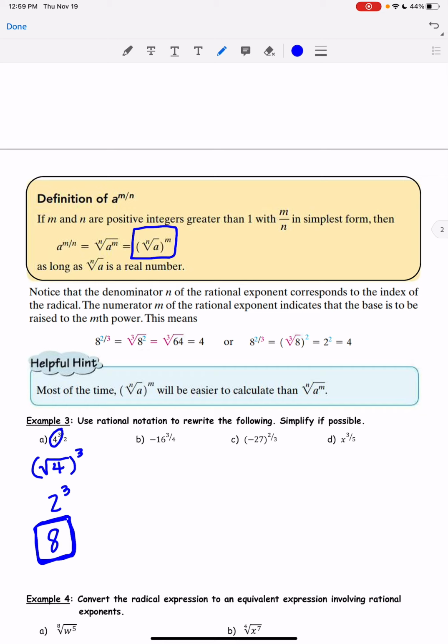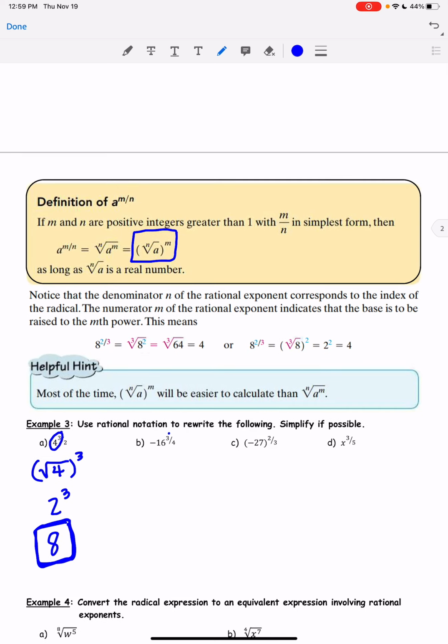Same thing on B. Now, does that negative go under the radical on B? Hopefully you said no. Because it's not in parentheses, that negative is not included. So that exponent will be 16 cubed, and then that 4 will go around.